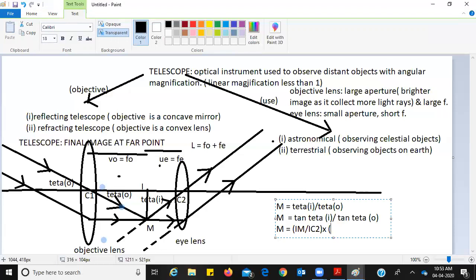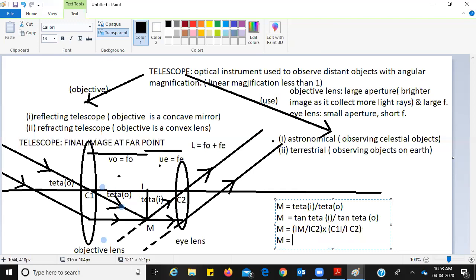Yes. It will be C1I by IC2. The IM cancels, so you get FO by FE, so minus FO by FE.